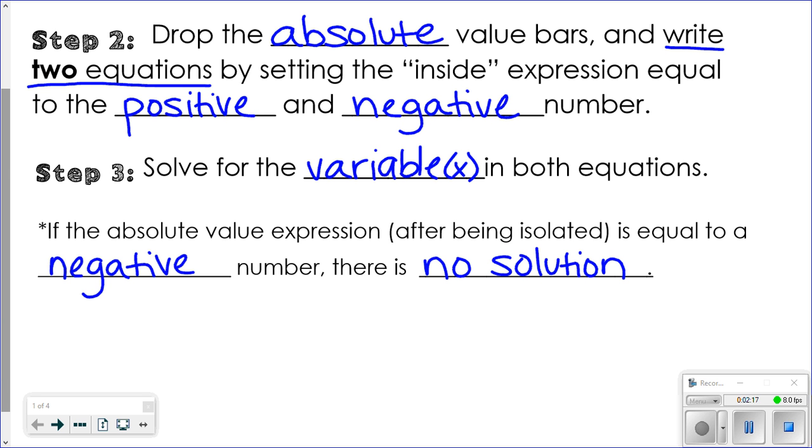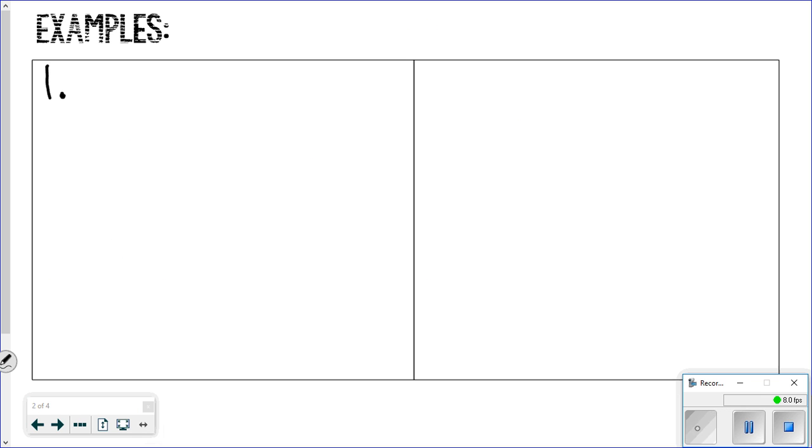So let's walk through some examples here. Number 1. The absolute value of 2x minus 1 equals 7.